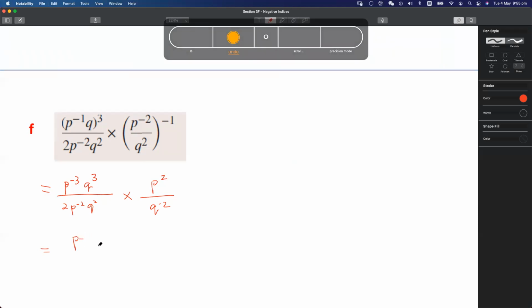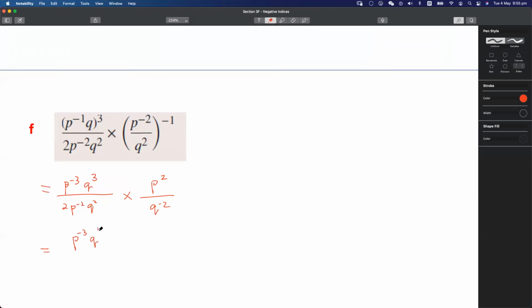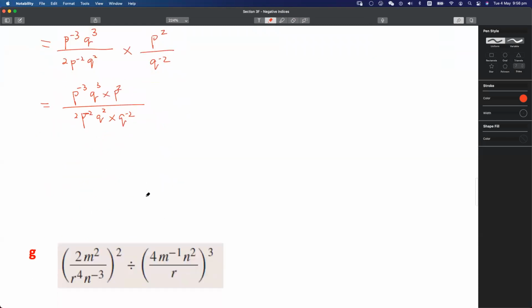p to the power of negative 3, q to the power of 3, times p squared over 2p to the power of negative 2, q squared, times q to the power of negative 2. Here we have p to the power of negative 3 plus 2, and the q to the power of 3 over 2p to the power of negative 2, and the q to the power of 2 minus 2.